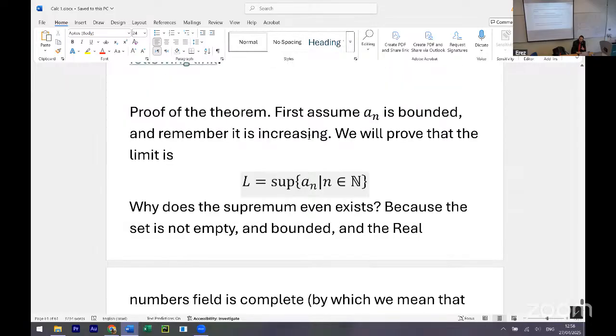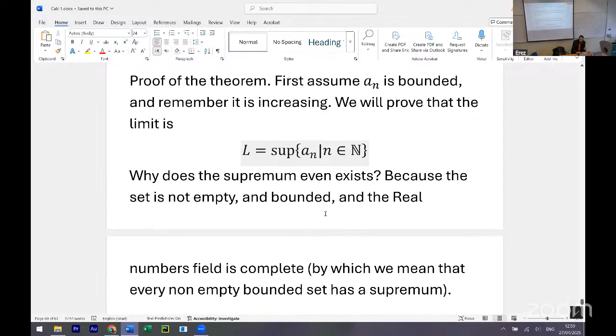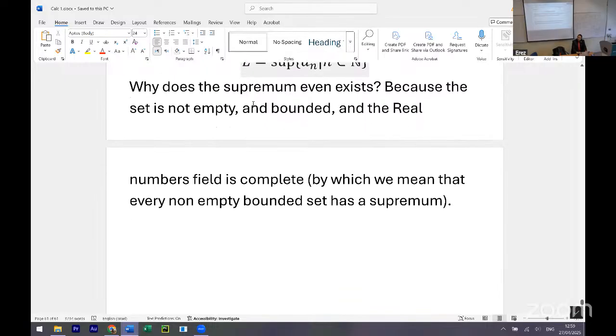And you will see, like I told you, this theorem is very important. It appears within the proofs of many other theorems, and it uses the fact that the real number field is complete. That's why we can work with it rather than rational numbers. Okay, so we do have a supremum.